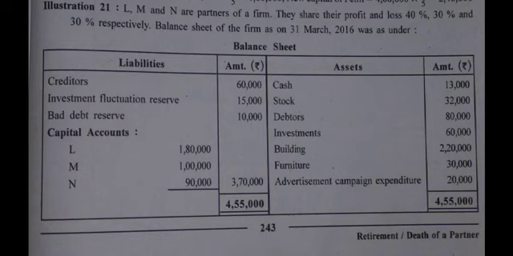They share their profit and loss in the ratio of 40%, 30% and 30%. I mean, it's not the ratio. We are going to convert it in the ratio, which simply is 4:3:3. This is the old ratio and this is the balance sheet, old balance sheet.